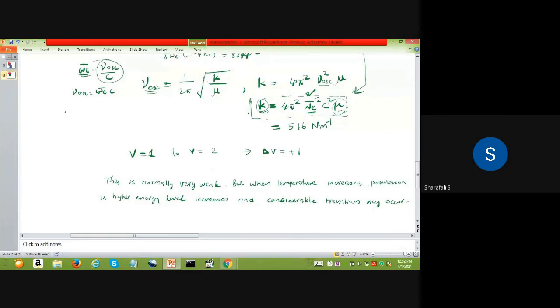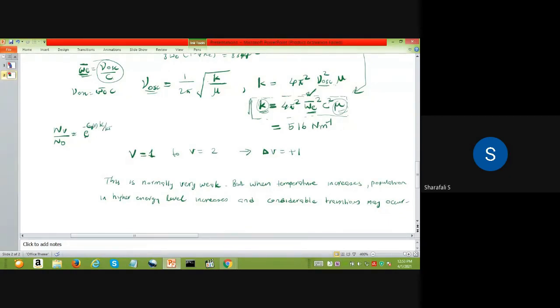We already discussed that the number of molecules in any state will be equal to NV by N0. For example, in this case, it will be V equal to 1 and V equal to 2. We have to substitute those values for V. If you calculate that, this will be equal to e raised to minus epsilon 0 of V times hc by kT. That we already know.